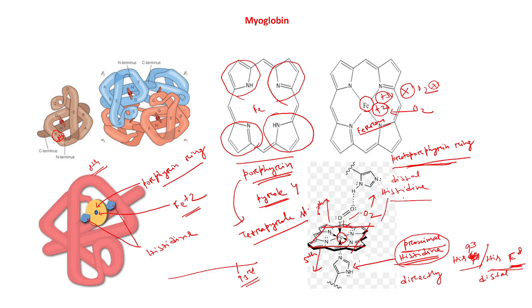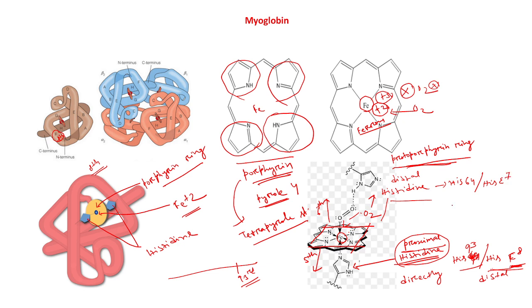That's why it is called the distal histidine, or it is also called His64, or it is called His E7.